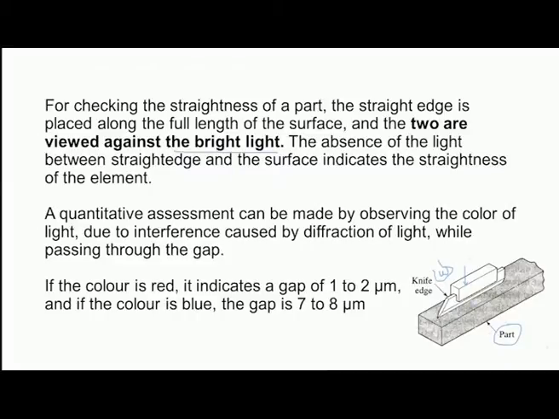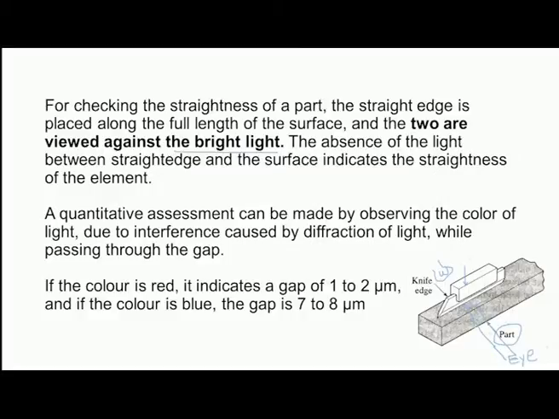Then we observe whether light is passing between the workpiece top surface and the knife edged straight edge. If no light is passing, then the workpiece surface is straight, and if there is some light, it indicates that there is some straightness error.